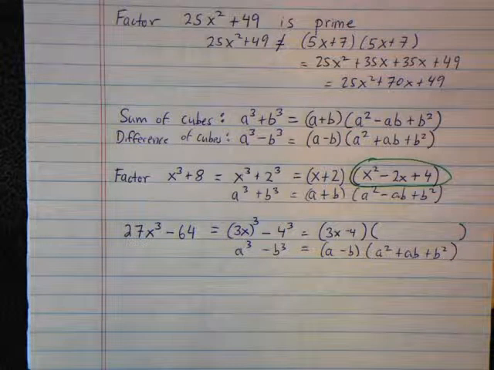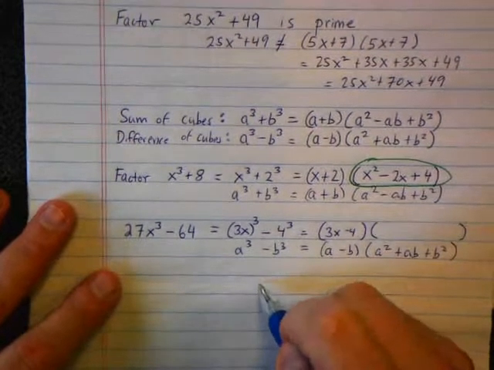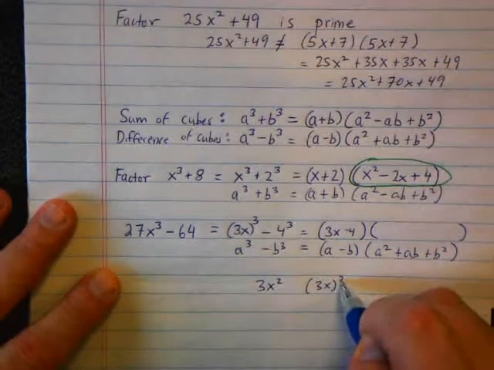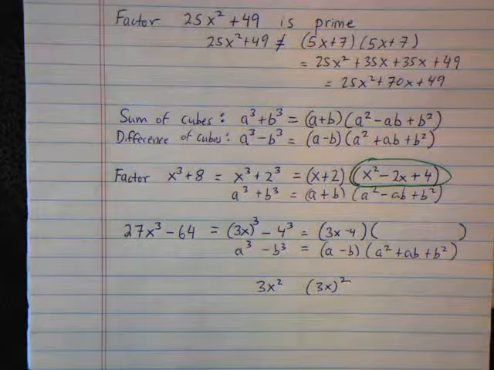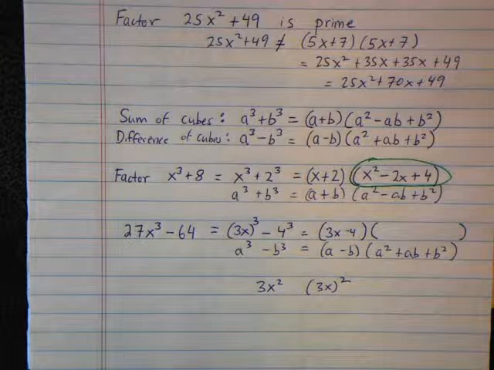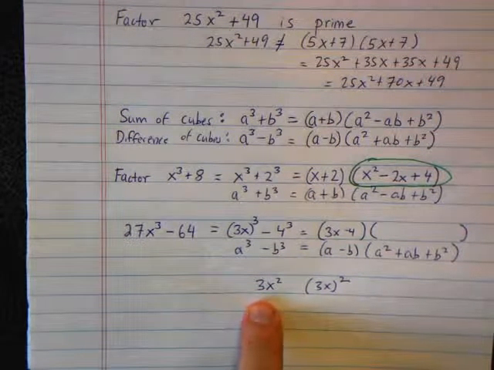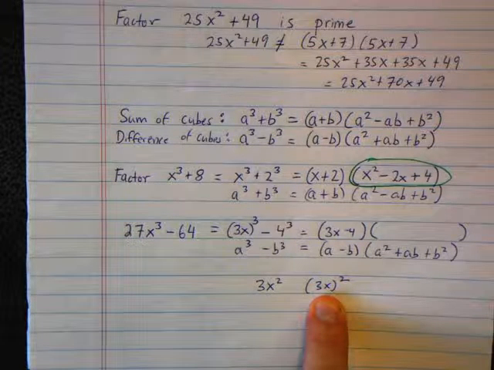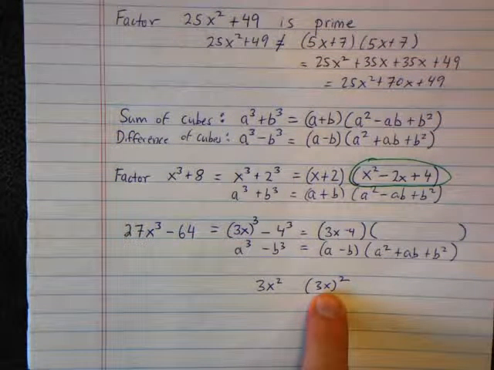Now, when you say 3x squared, do you mean that? Or do you mean that? And they are different, aren't they? Because this one is 3x squared, this one is 9x squared, isn't it? Which one's the right one?